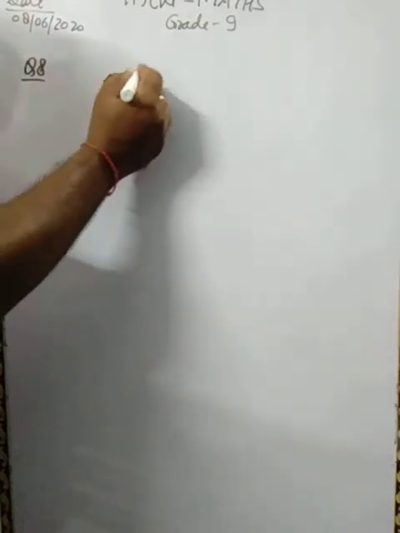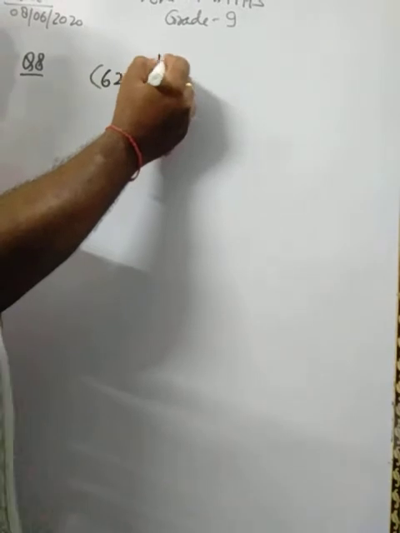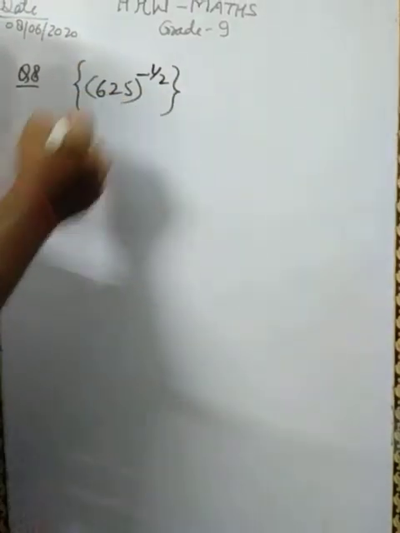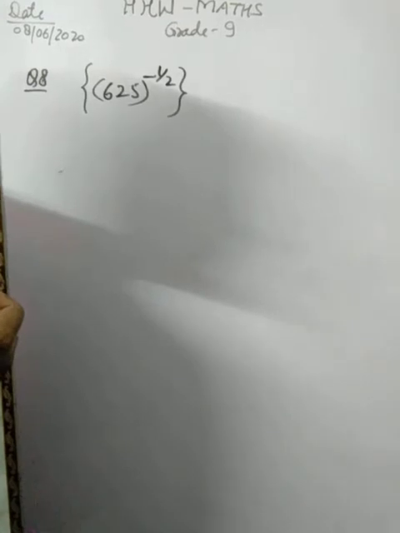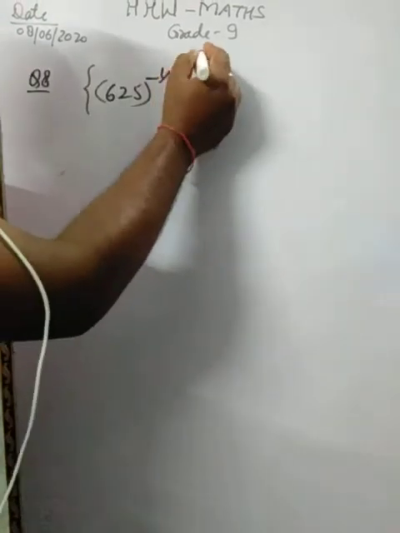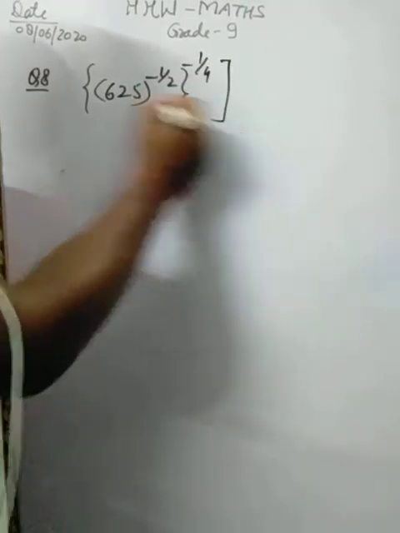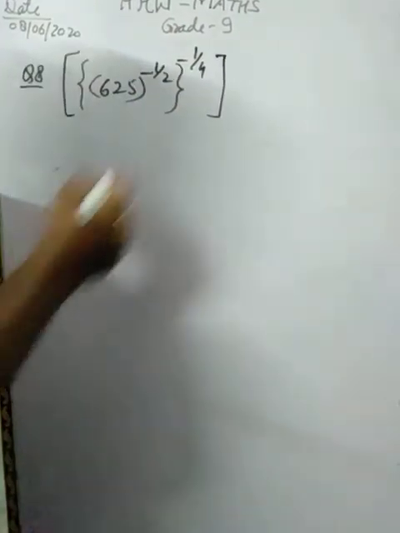Question number 8 is given as 625 raised to the power minus 1 upon 2 whole raised to the power minus 1 upon 4 and completely whole raised to the power 2.